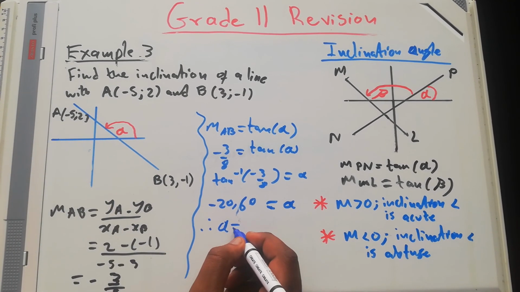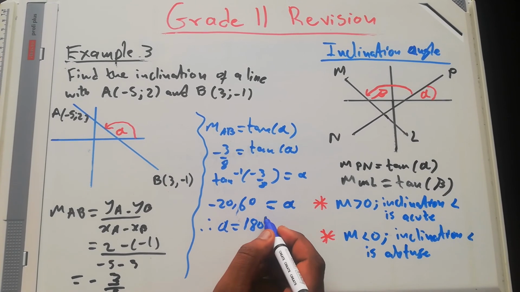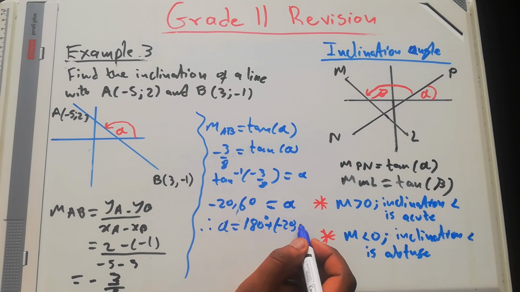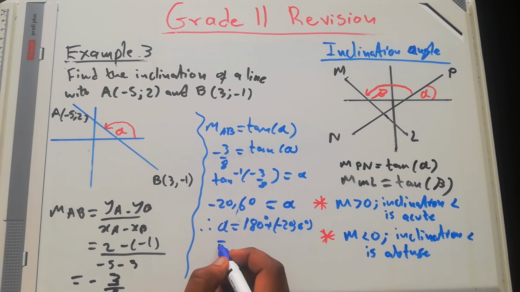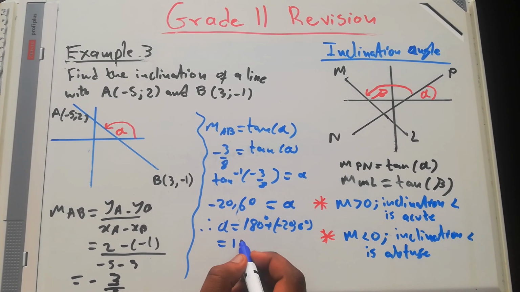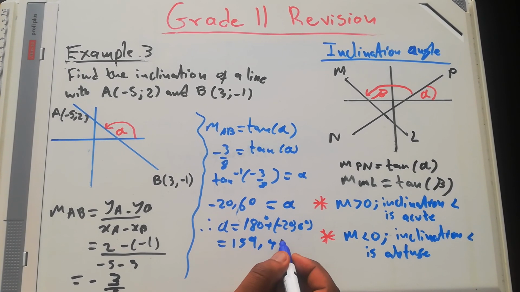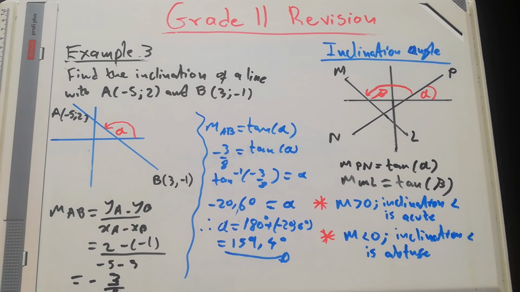So our actual answer is 180 degrees plus minus 20.6 degrees, and our angle of inclination is 159.4 degrees. That's the answer we're looking for. This is this angle.